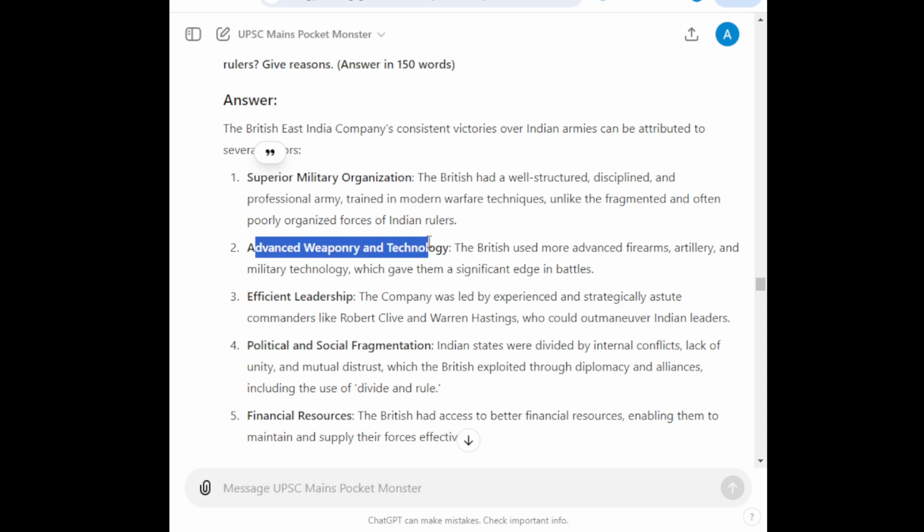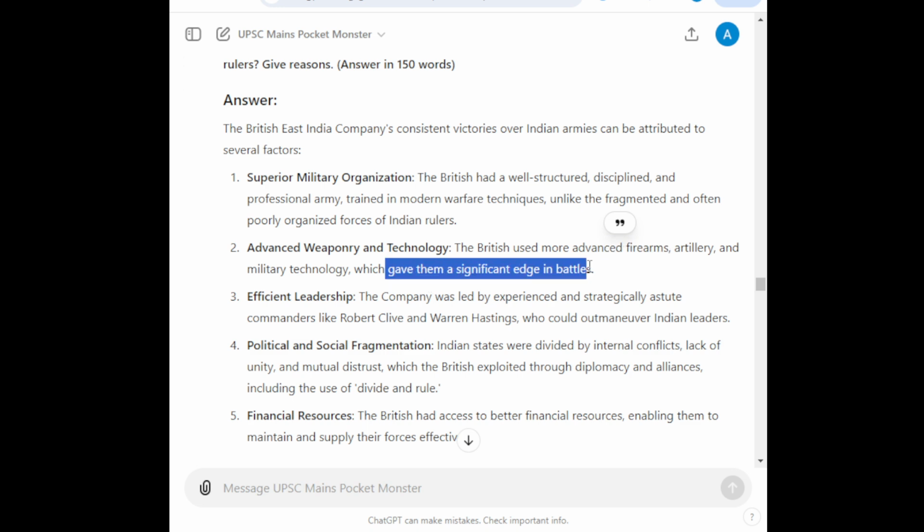And advanced weaponry, like they had more mobile artillery, and we perhaps had our own cannons, but firearms we also brought from Europe. The Ottomans and Europeans were pioneers in firearm technology. And because they had already been fighting so many wars within Europe, they had brought this discipline into their army, and advanced research and technology in warfare, which gave them a significant edge in battles.